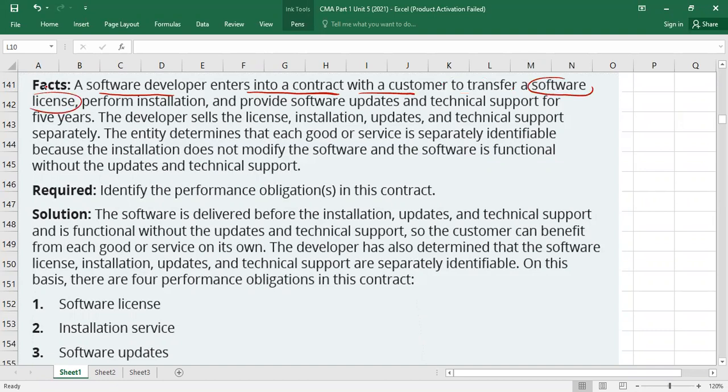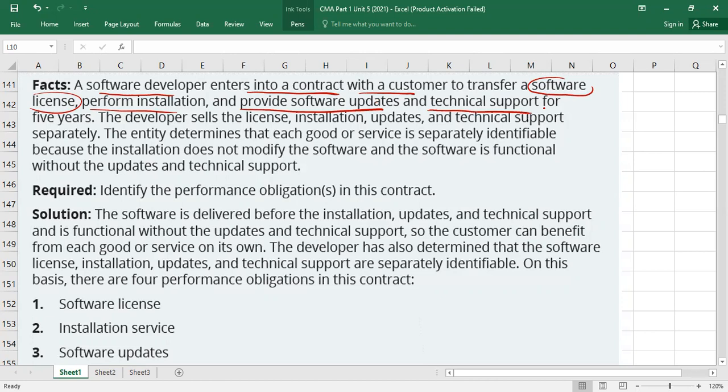Software license is a software copy. Second, perform installation. Third, provide software updates. Fourth, technical support. Four things are there.